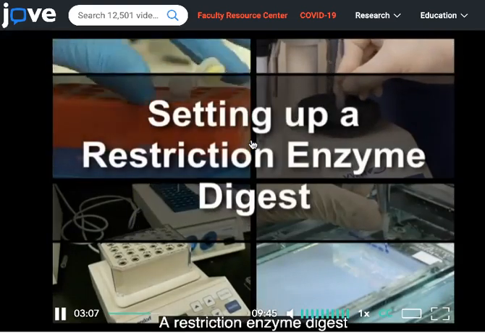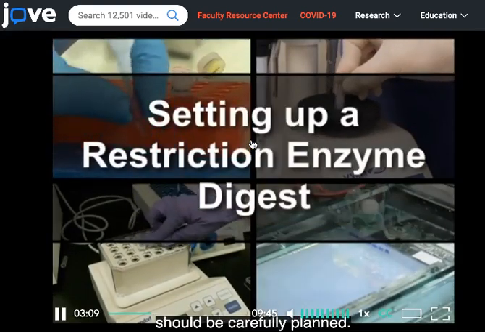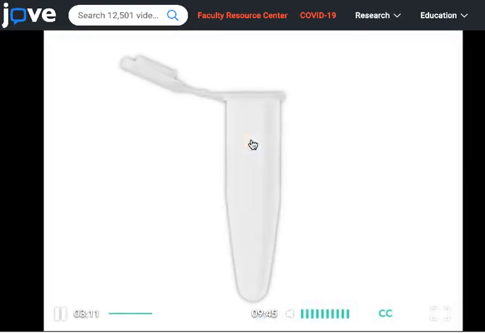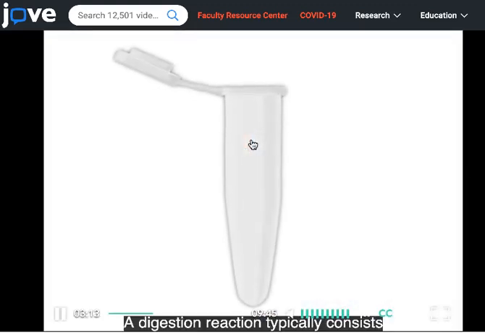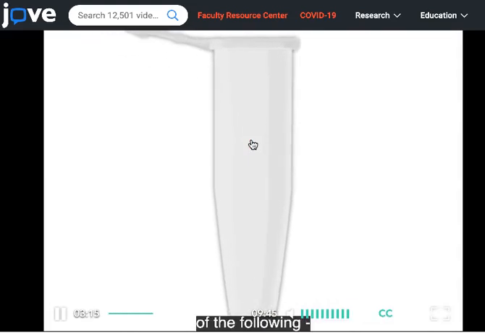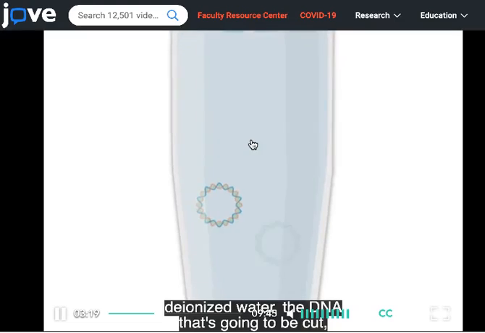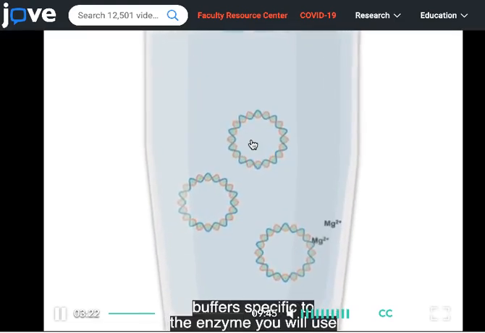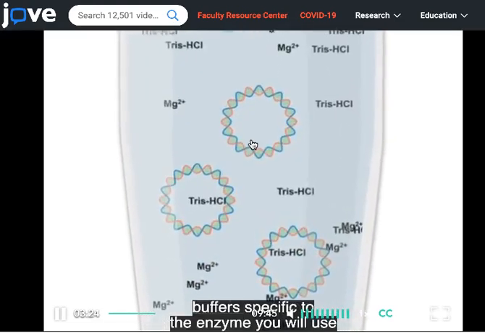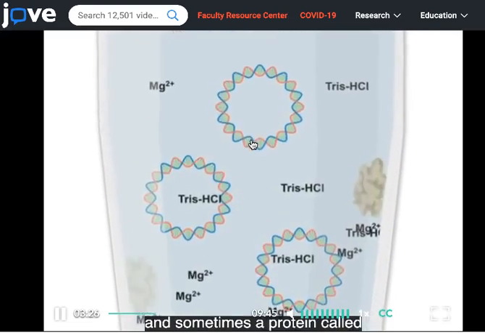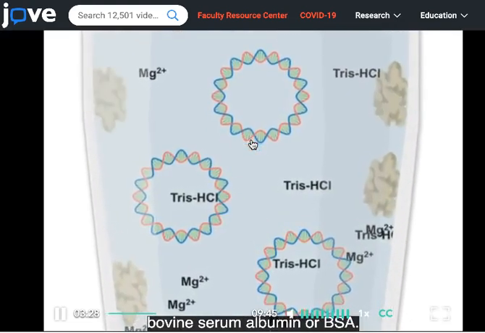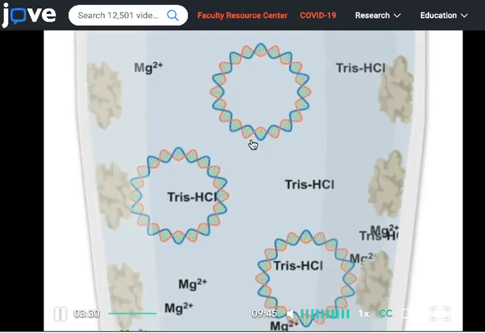A restriction enzyme digest should be carefully planned. A digestion reaction typically consists of the following: deionized water, the DNA that's going to be cut, buffer specific to the enzyme you will use, and sometimes a protein called bovine serum albumin, or BSA.